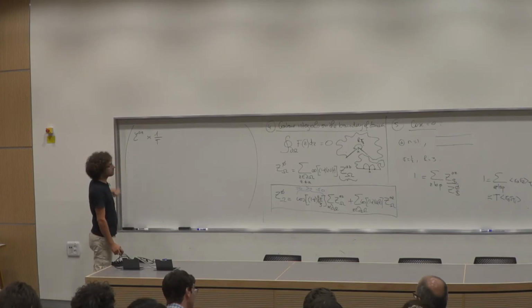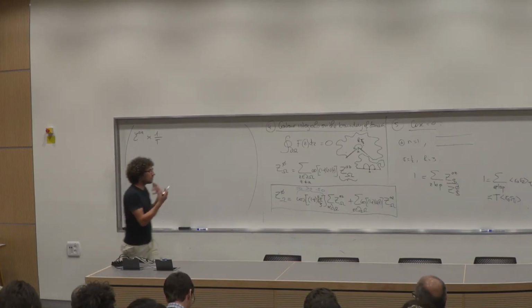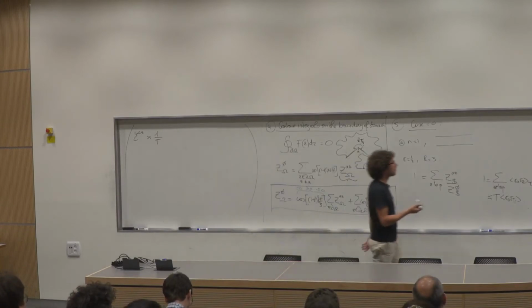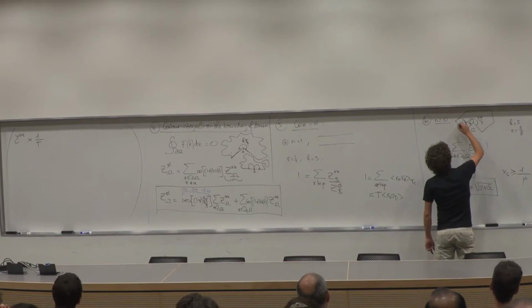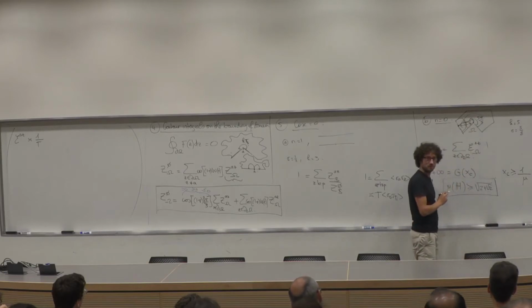But now this term, think percolation-wise, this term should be kind of the cost of having a self-avoiding walk like that times the cost of having a self-avoiding walk like that.